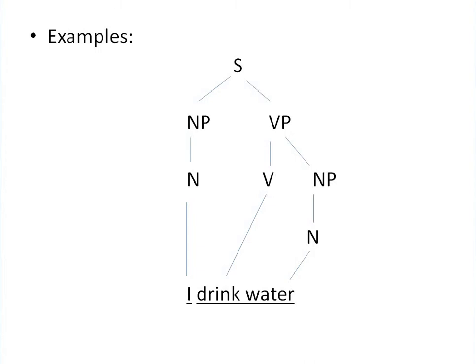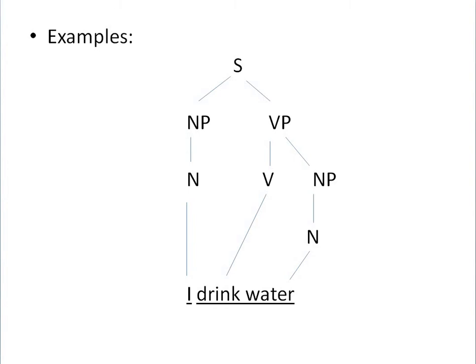The noun phrase is made of a noun, so we make a further branch, noun, and then we branch noun with I. Then the verb phrase further consists of drink, which is a verb, and water, which is again a noun. So the verb phrase consists of a verb and a noun phrase, that is water. The noun phrase again consists of a noun, that is water.